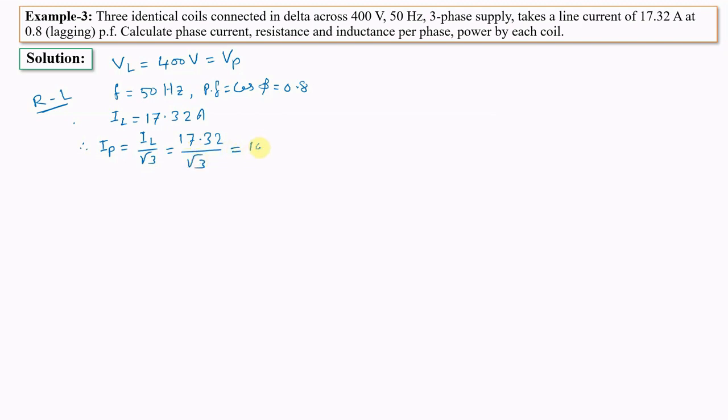So the phase current will be 10 ampere. Now the impedance per phase, that is V phase upon I phase, where V phase is 400 and the I phase is 10. So the impedance per phase will be 40 ohms.